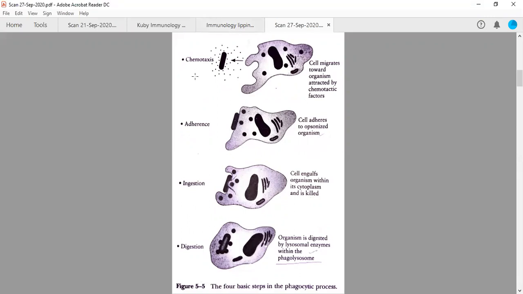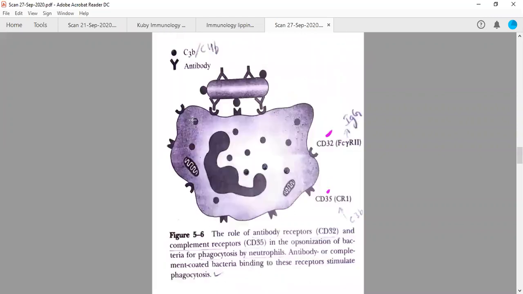All right. So there are four steps in phagocytosis. First is chemotaxis, in which the immune cell, for example, a neutrophil, will move towards the bacterial cell and try to attach to it with the help of some antibodies or complement proteins, as shown in this particular diagram. These Y-shaped molecules are antibodies, and these round ones are called C3b or C4b.